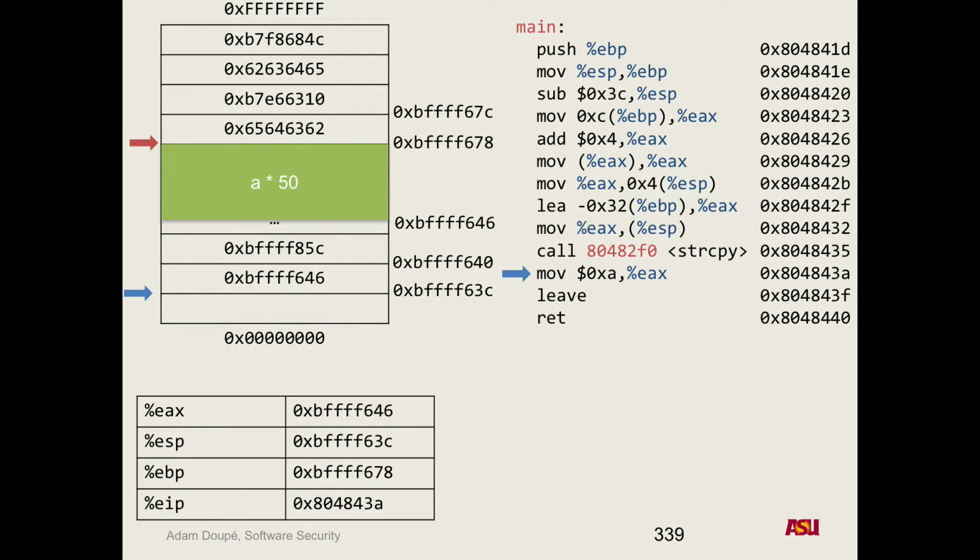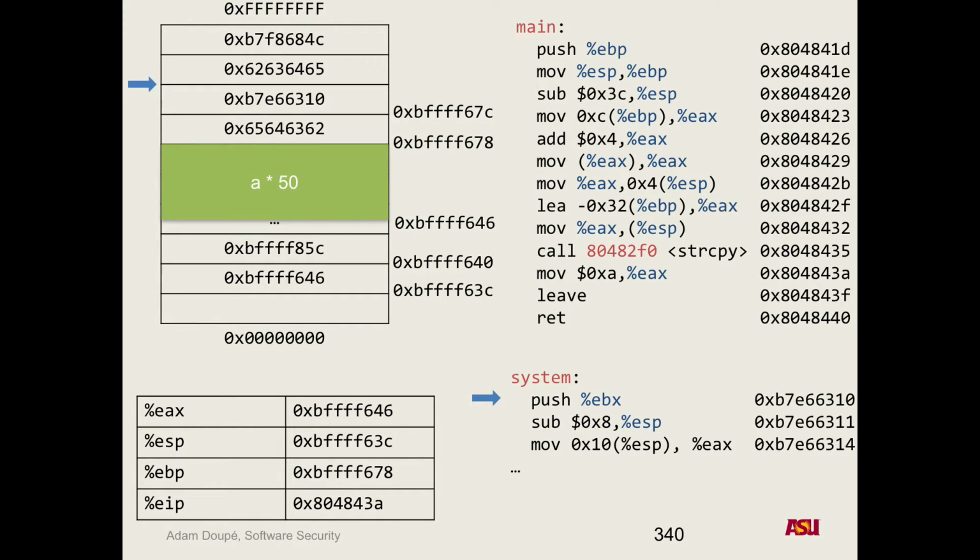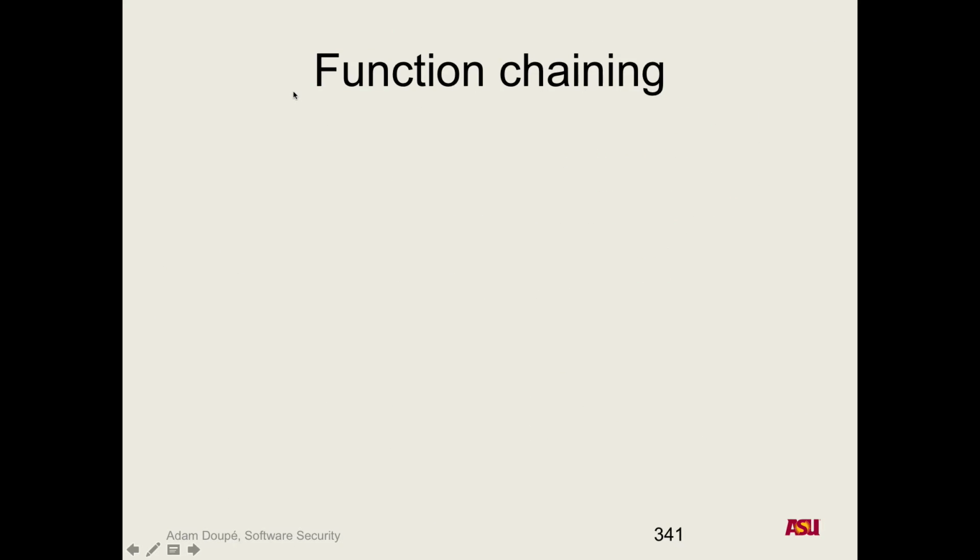Like you said, after system is done executing, it's going to start trying to execute from 6.2, 6.3, 6.4, 6.5, which shouldn't crash the program, but at that point we've already got a shell, so we don't care when system returns. And then above that is argv0, and if there were any more arguments to system, those would go above that.